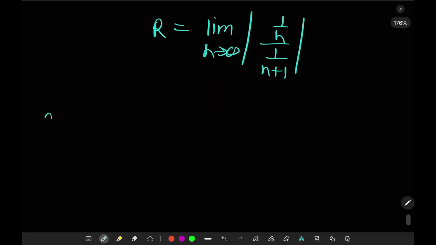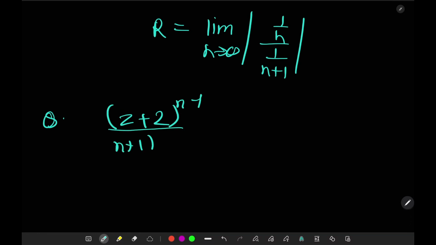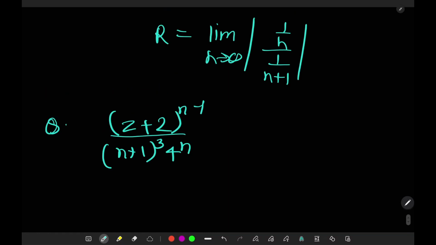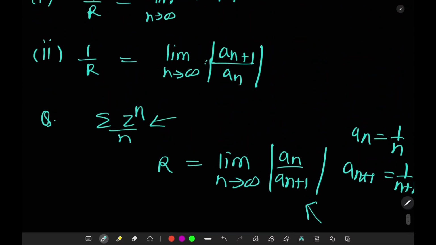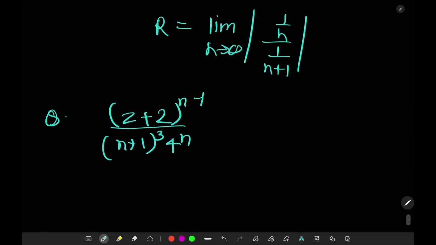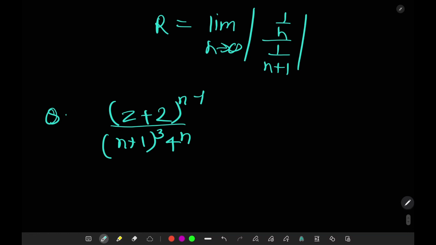Now let's do another question. Here you can see this value is given. This z is z - z0. So we similarly use this formula here for finding the radius of convergence.